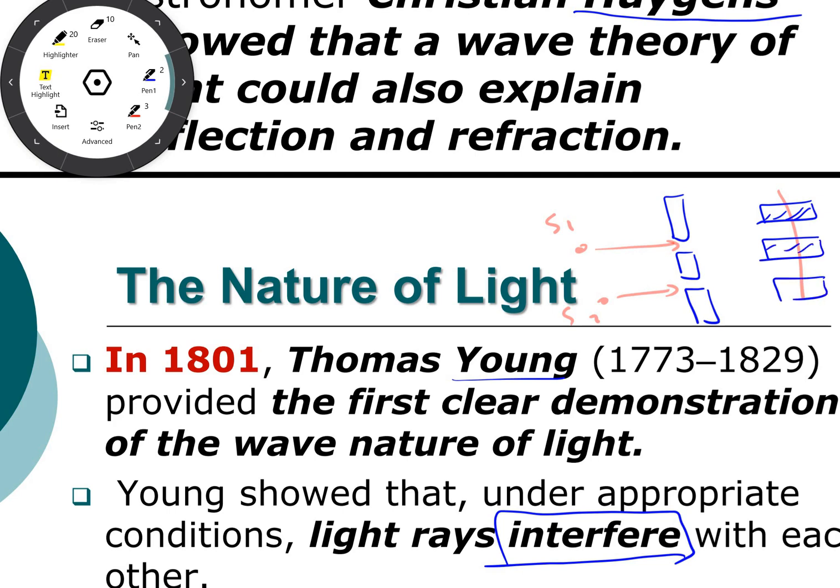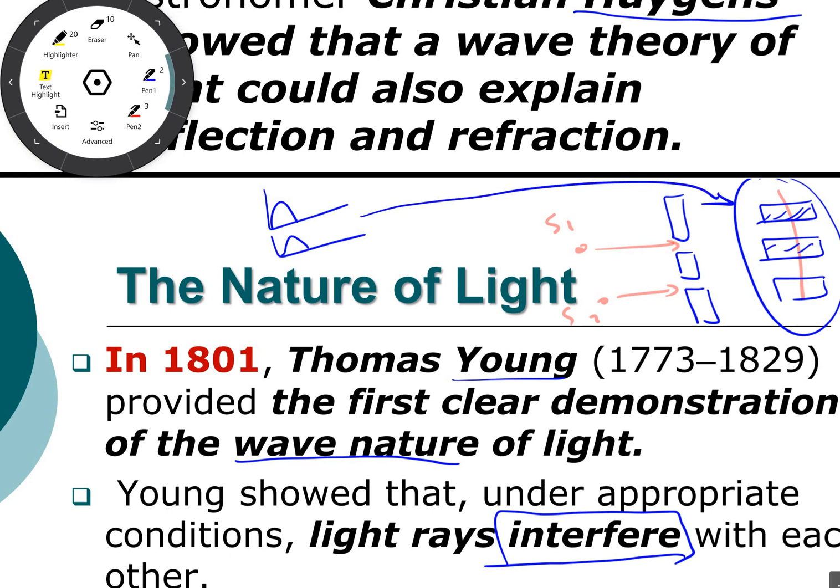To explain this interference pattern, he claimed that light has a wave nature, and when the difference in path between two light beams is an integer number of wavelengths, this will produce a bright area.